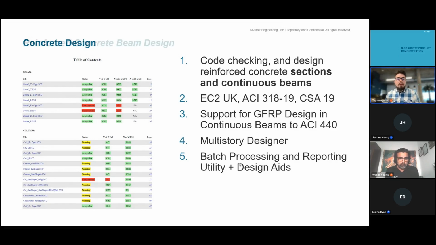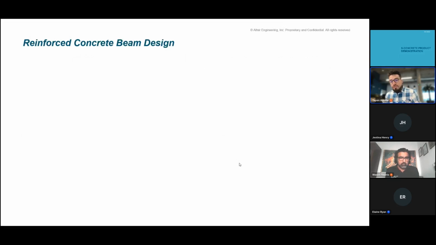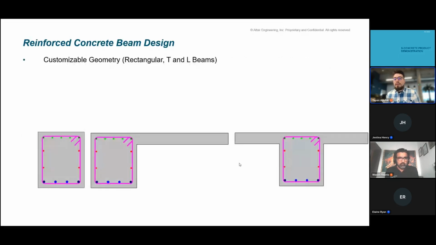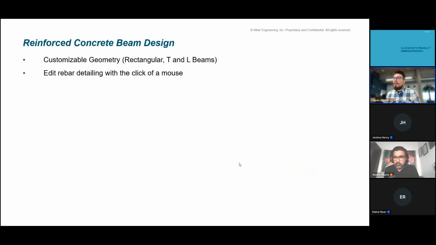customizability. Now, when it comes to the reinforced concrete beam design, we have different section types that are available on S-Concrete. We have rectangular, T, and L type beams. You can edit the rebar with just the click of a mouse. You can also have custom bar sizes.